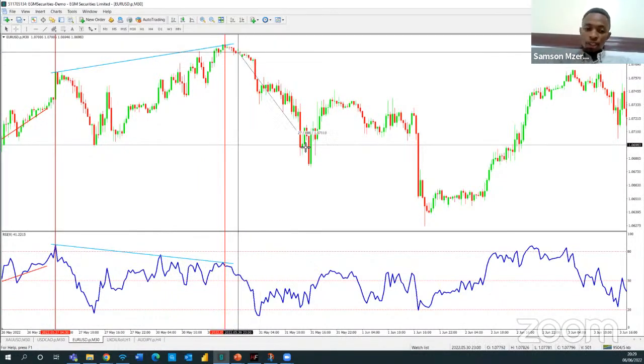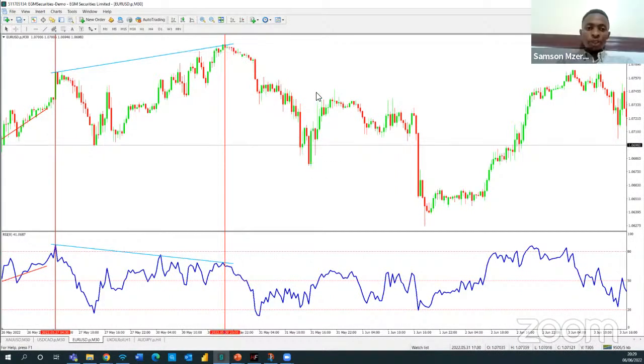Out of curiosity, Mathew, we said we wait for confirmations when it comes to these signals. So in this case, the most appropriate confirmation would probably be the price action. Okay, I think when I talked about confirmation, you would want to add another indicator.